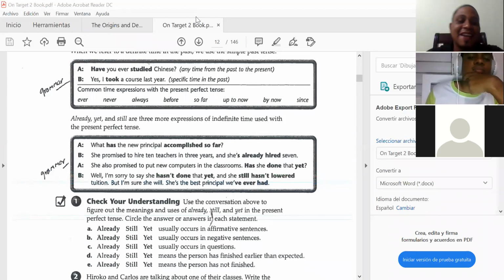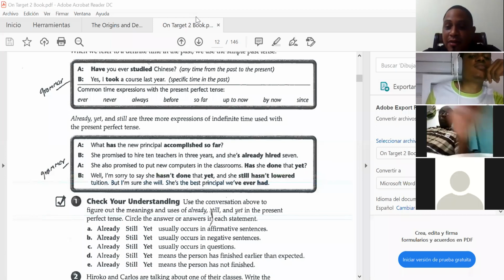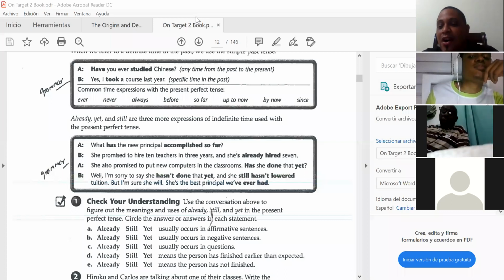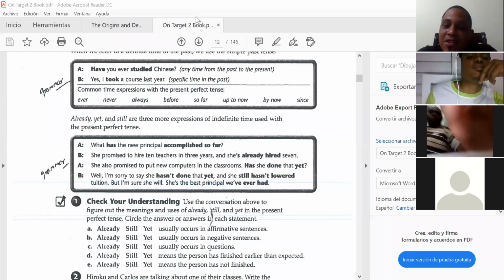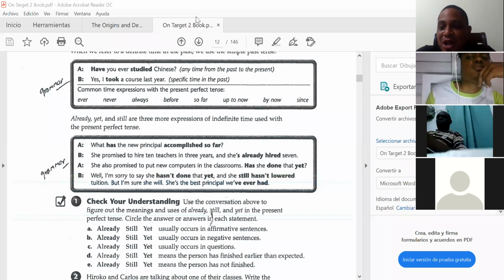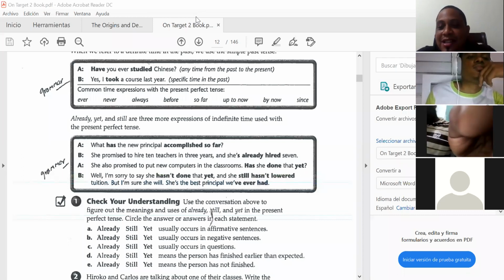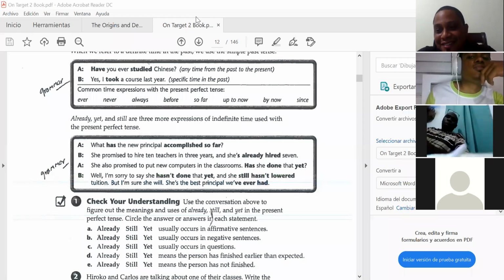What I mean is not that the action was not finished. The action was finished. The point is that you can repeat the action again. Both present perfect and simple past are actions that were completed, but the simple past cannot be repeated in the same conditions. Because if you say, when I was 10 years old, I went to the beach every day, you cannot repeat the action because you are not 10 years old anymore, right?